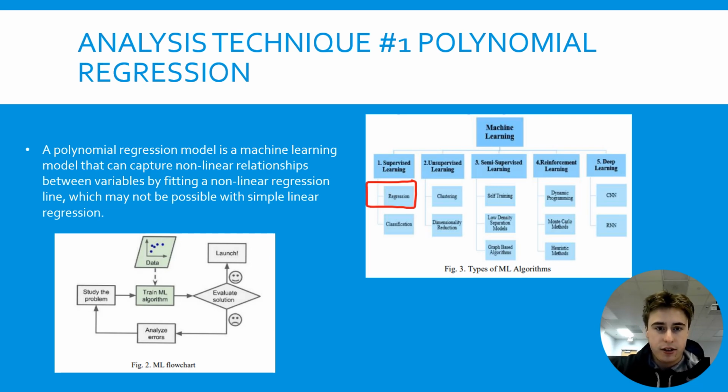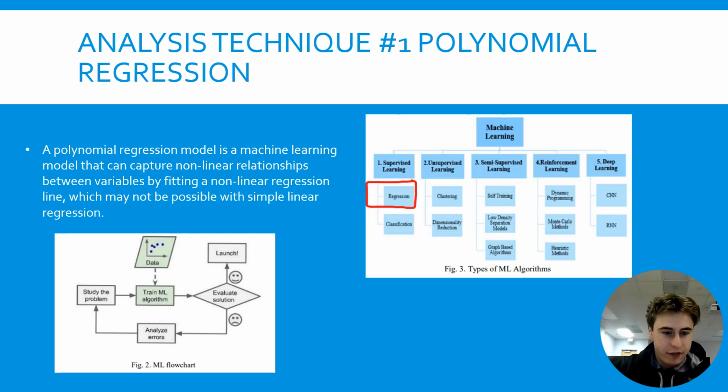And this polynomial regression is under supervised learning. The advantage of it is that it's very good for capturing nonlinear relationships between variables by fitting a nonlinear regression line, which is not possible with linear regression. So basically a nice line of best fit.